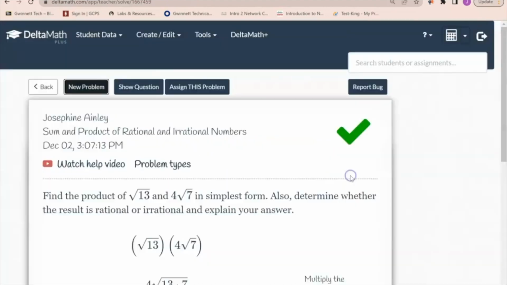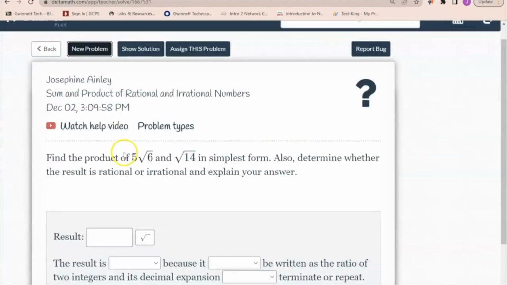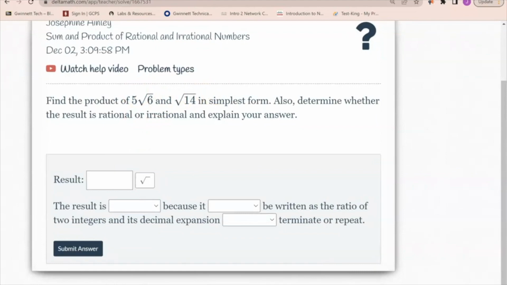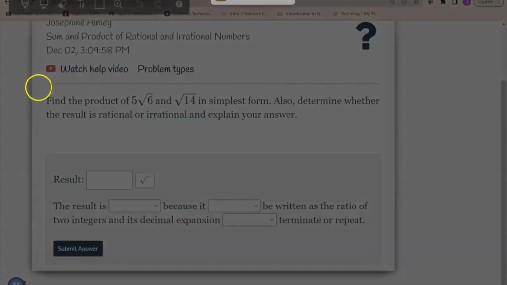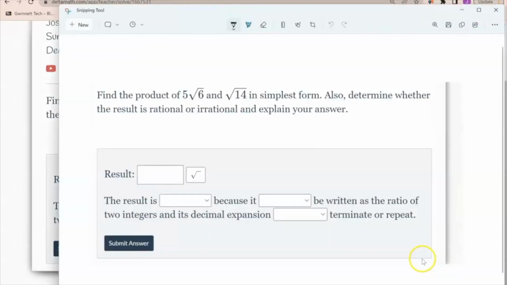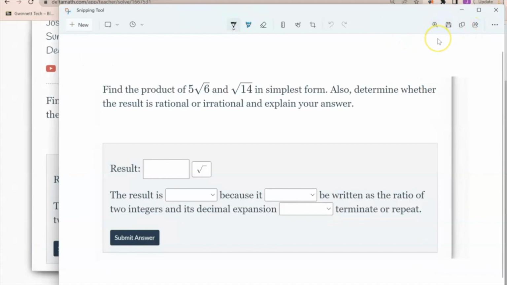All right, I will do a couple of these just to make sure that you're okay. So the product of these two numbers, so let's go ahead and do that. And as soon as you're comfortable, you can go ahead. So we have 5 radical 6 times radical 14.